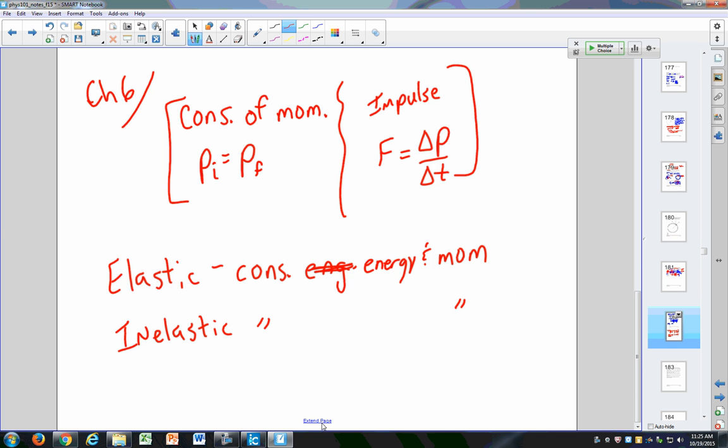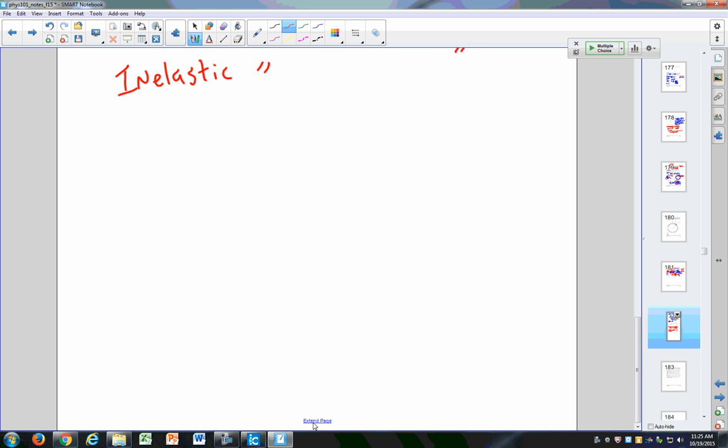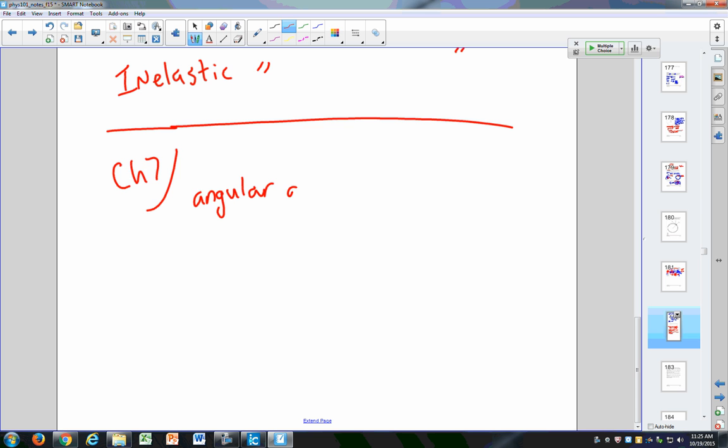And then chapter 7. In chapter 7, you need to know the directions of your angular displacement. Positive is counterclockwise, clockwise is negative. So your definitions of angular displacement, your angular quantities, all sorts of things wrapped up in this.